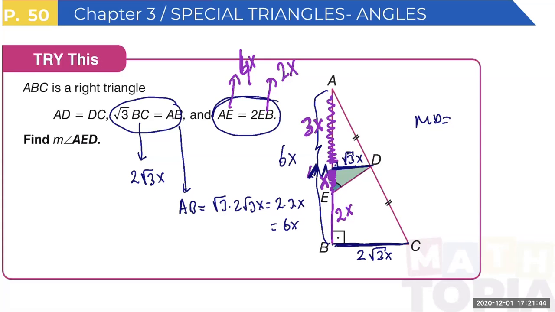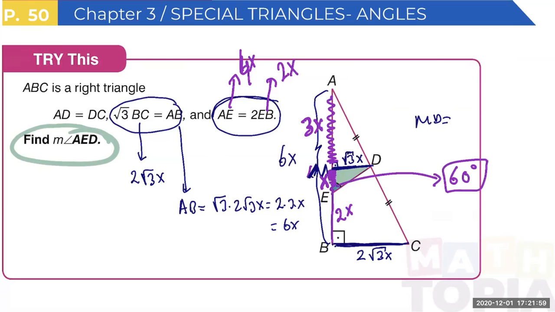Let's focus on the angle AED. Oh, I think it'd be 60 degrees. Why? Because it's a 30, 60, 90 triangle, and this angle right here would be 30 across from x, so this is 60. That is correct. Wow, we solved the question. That is a kind of challenging problem, but we got it. That was the solution, which is 60 degrees.